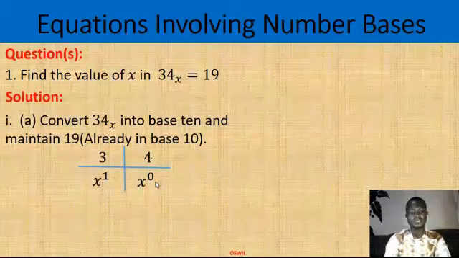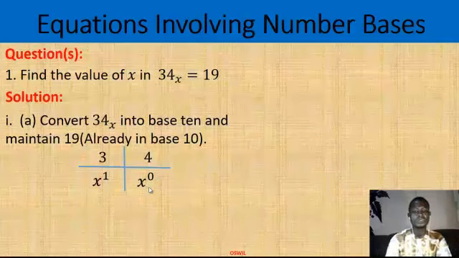The place values are in powers of x because 3, 4 is in base x. That's why we have the place values being powers of x. As you already know, to convert it to base 10, we multiply each digit by its place value, added to the next digit multiplied by its place value.